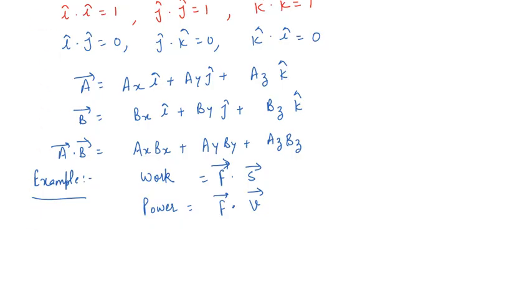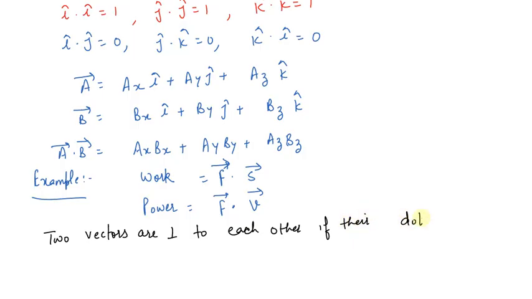Two vectors are perpendicular to each other if their dot product is 0.